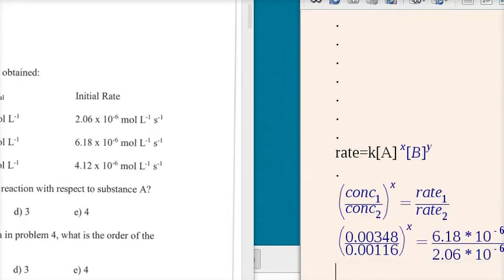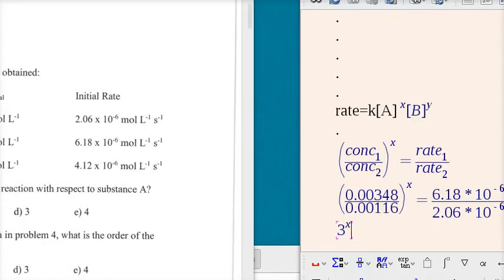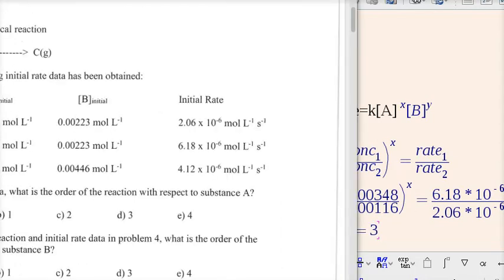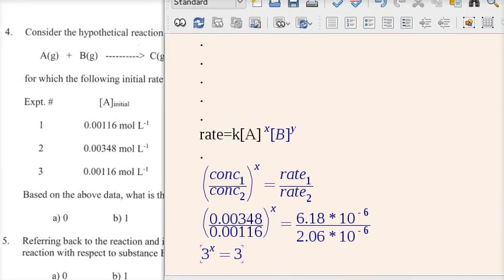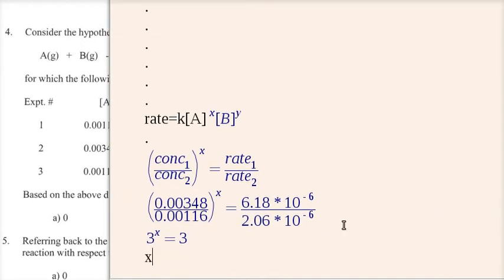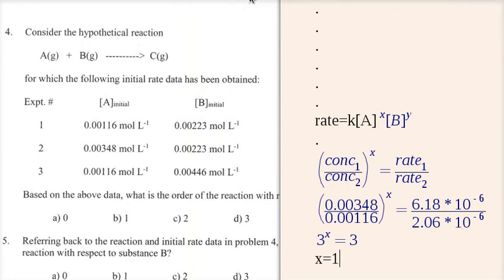And then you end up with, looks like 3 to me. 3 to the x. If I were to guess without actually doing math. So x equals 1. Yay! X equals 1, first order with respect to A.